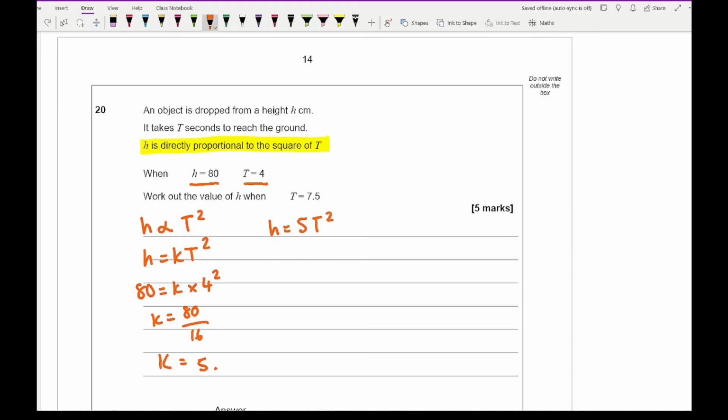So then from this, what we can do is substitute t equals 7.5. So h equals 5 times 7.5 squared. So typing that into my calculator, 5 times 7.5 squared, gives me an answer of 281.25.